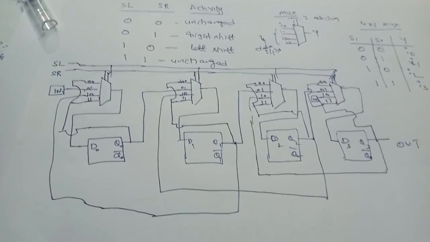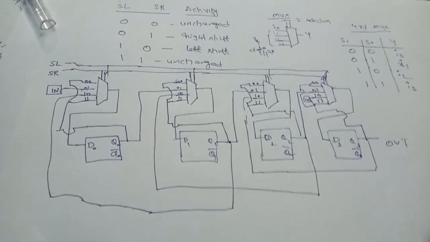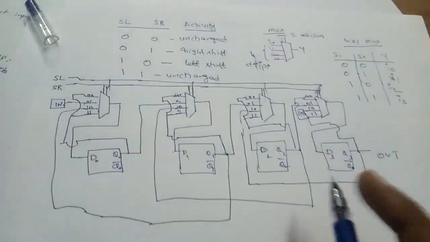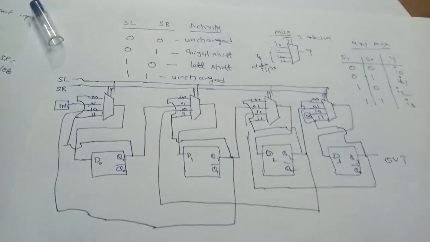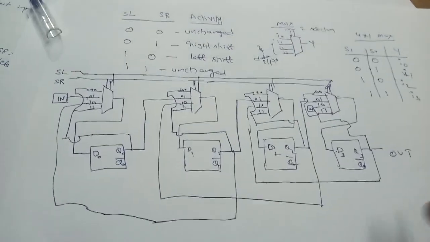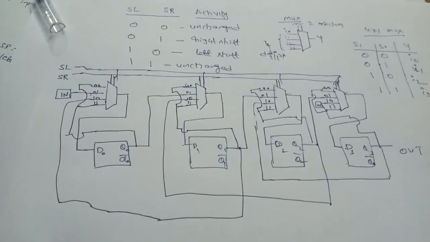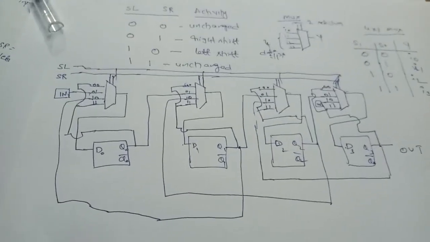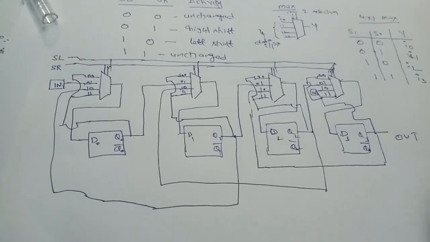Similarly, questions can be asked like this. If SL and SR is 0 1, the data should be unchanged. And if it is 1 1, sometimes they ask for the complement of the data present in the D flip-flop.